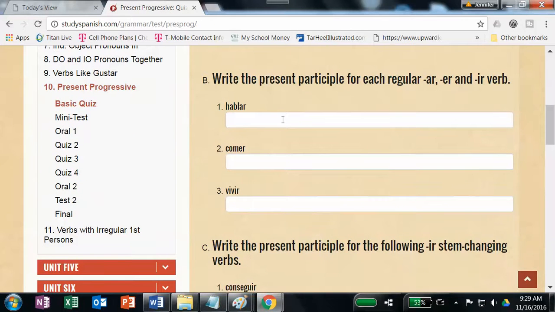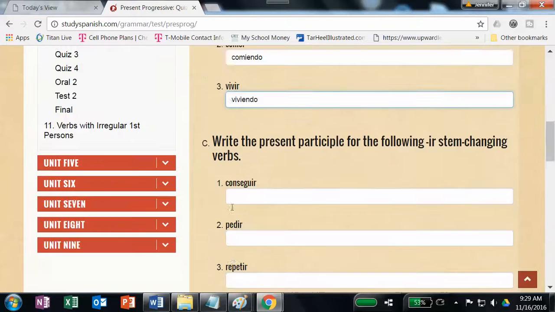So here, if I want to write the participle for each of these, remember, if it's an AR verb, I take the AR off and I add ando. For an ER verb, I take the ER off and I add iendo. That's how I'm taking this from to speak to speaking, from eat to eating, from live to living. So the same thing, vivir, you take the IR off and you add iendo.